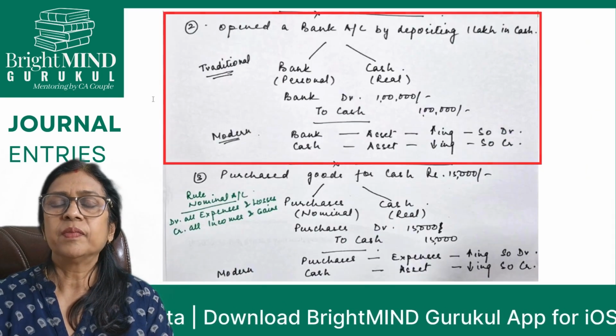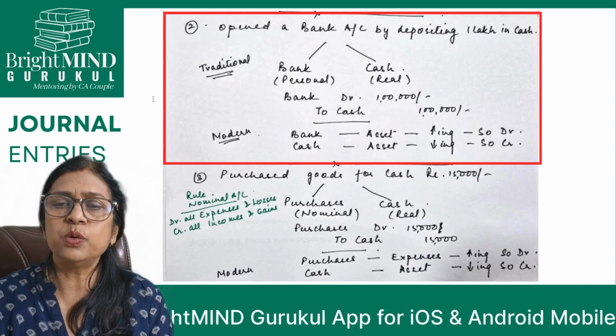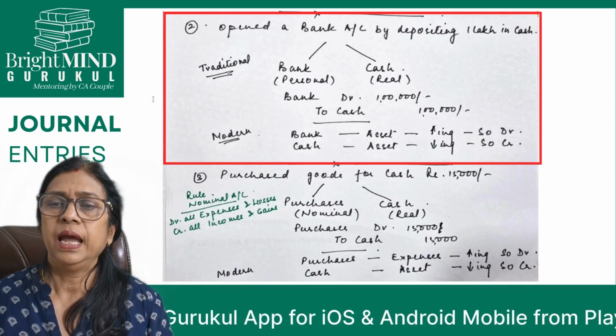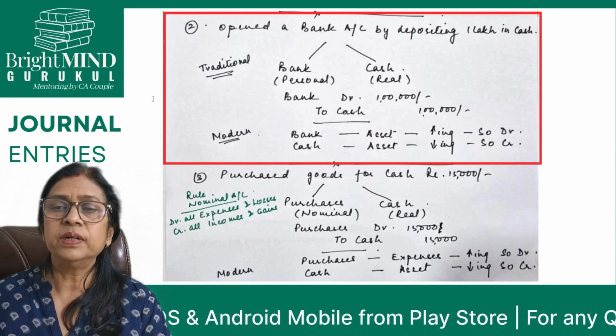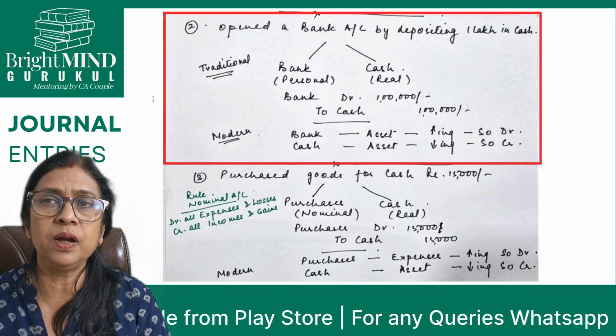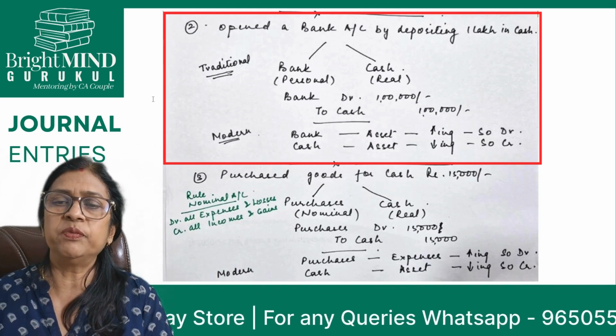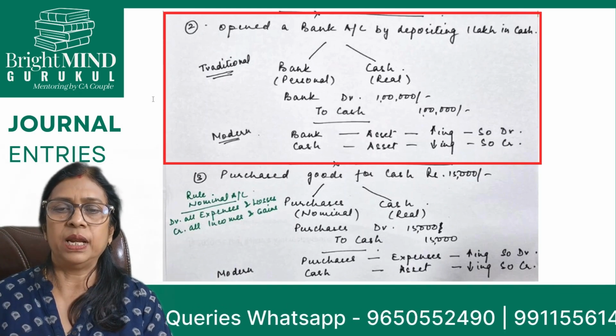Here bank is receiving, so we will debit bank, and cash is a real account. For the real account, debit what comes in, credit what goes out. So cash is going out, so it will be a credit. So the entry will be bank debited to cash 1 lakh.